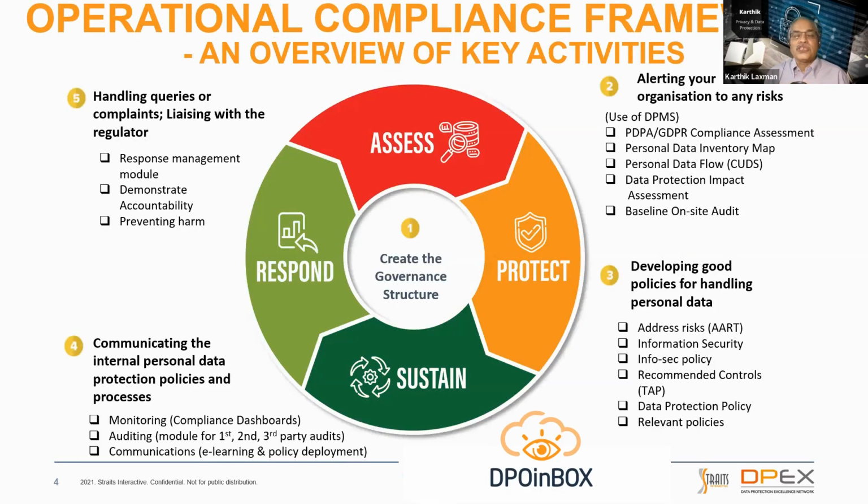Once the governance structure is set, once you have the data protection committee, the first step will be to identify the risks in the processes. Then the risks have to be assessed, prioritized, and control actions to mitigate them initiated, especially the ones that are posing very high risk to the organization.